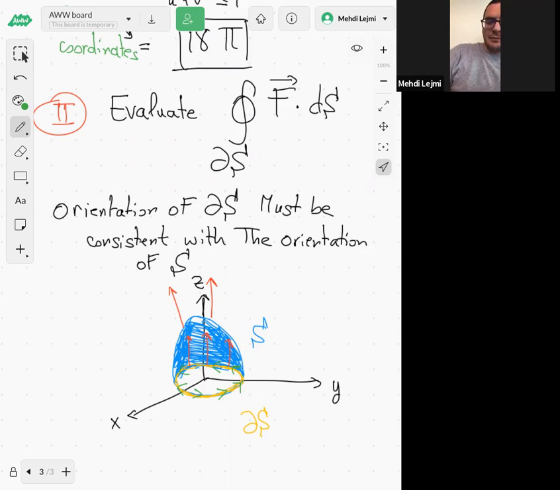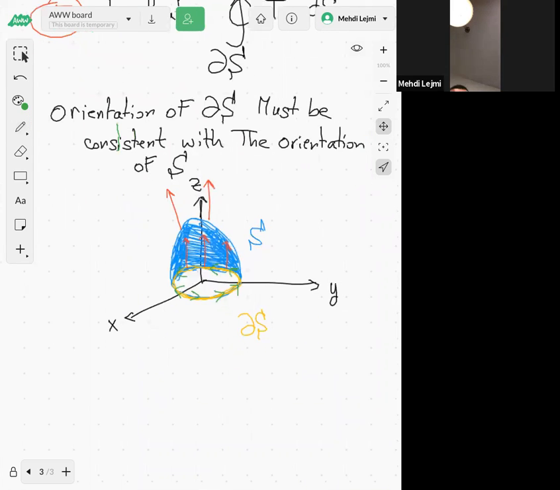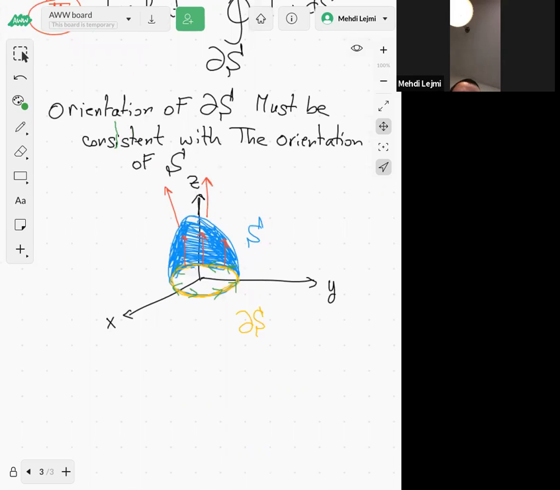But here in this problem, my thumb must point upward, right? So that's why my index finger actually points along this, it's actually counterclockwise. So I hope it makes sense to you guys why this is the required orientation. So this is what I call consistent orientation.